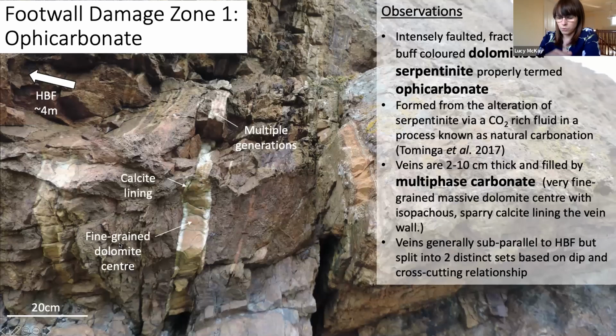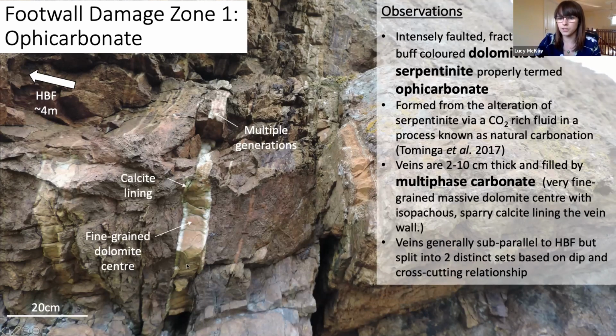Moving up towards the main slip plane, the second unit in the ophiolite is what's called an ophicarbonate. It's basically a dolomitized serpentinite unit. This unit formed from the alteration of a serpentinite, like the previous unit, via a carbonate or CO2 rich fluid.